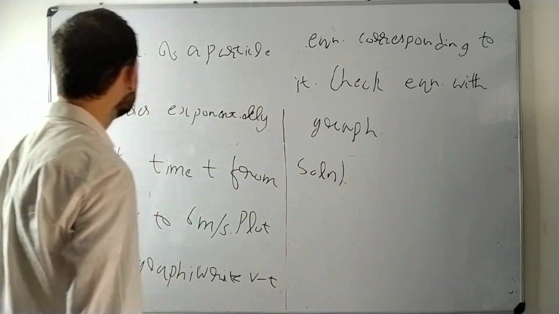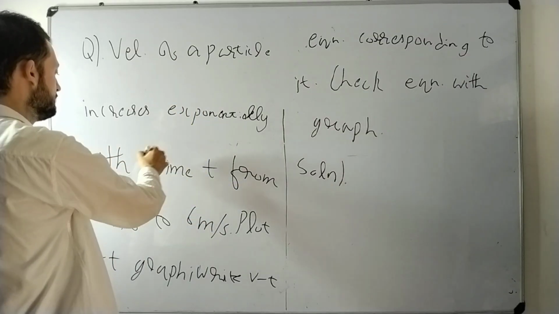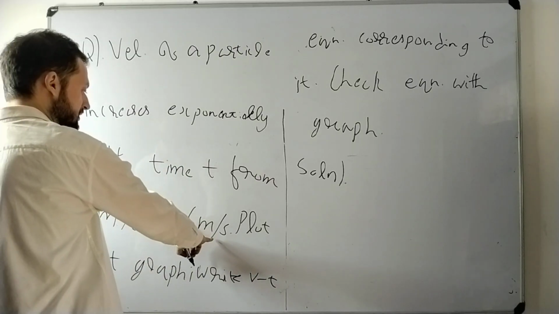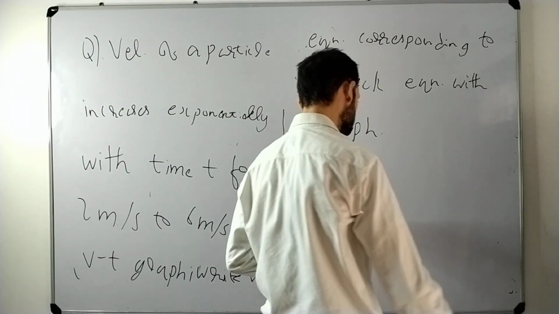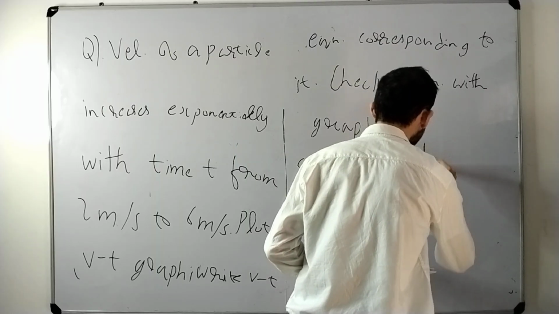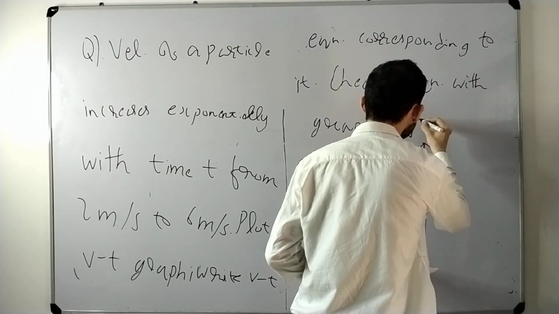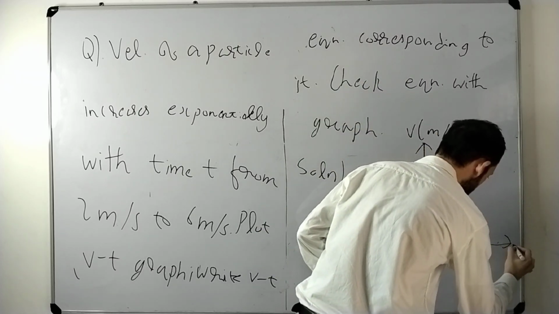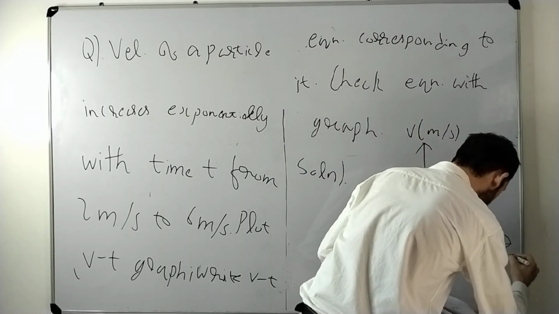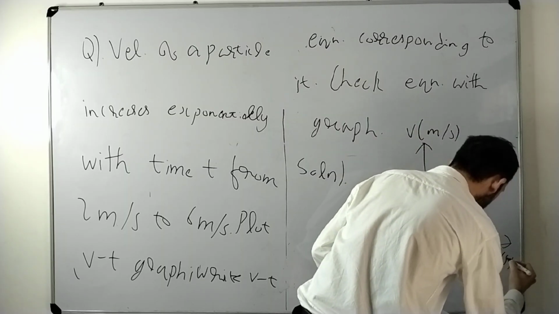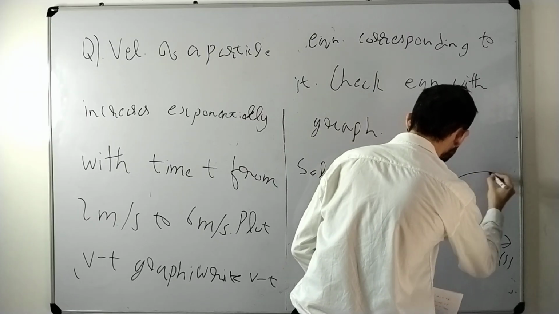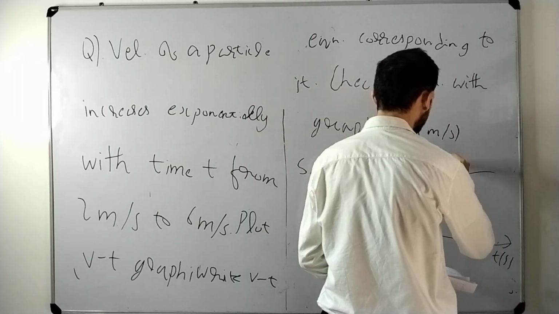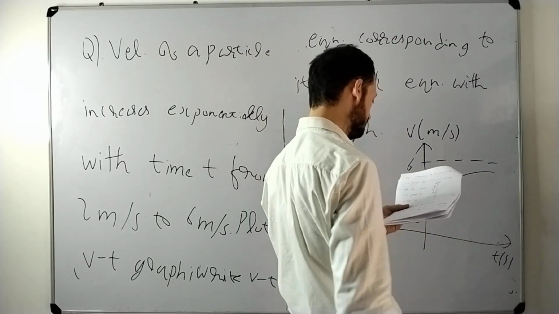Here, the velocity of the particle increases exponentially. So 2 meter per second is initial and 6 meter per second is final. So I will draw it. V in meter per second, and this is time in seconds, and this is 2 and this is 6. Alright, students, this is the exponential growth that we are seeing.